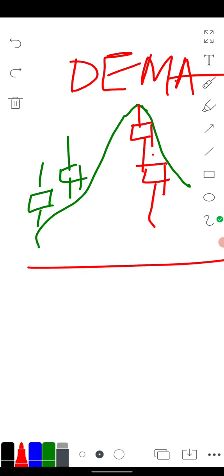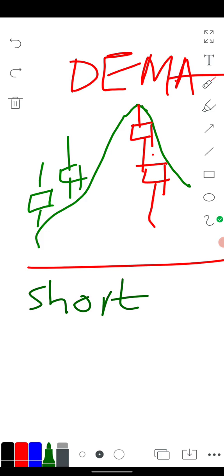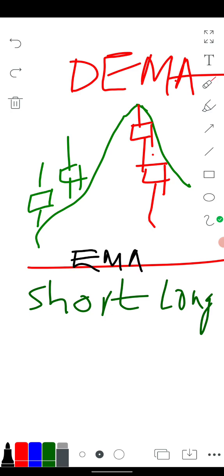And the next one is EMA Cross. EMA Cross is, we'll be having two lines. One is short and the next one is long. This is double cross, nothing but EMA Cross.